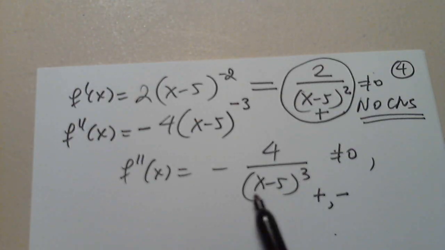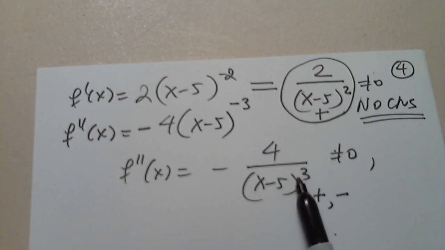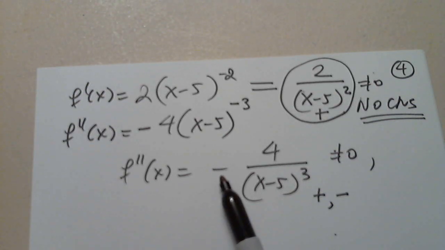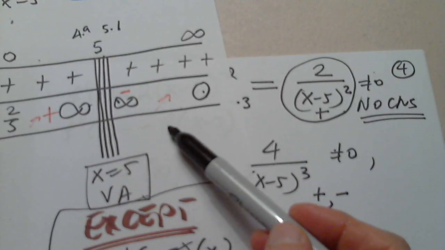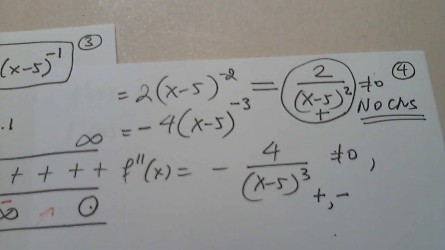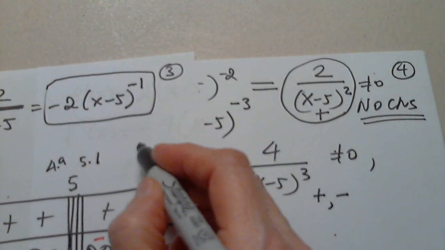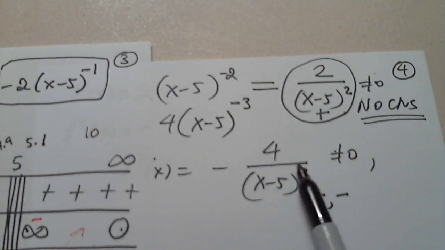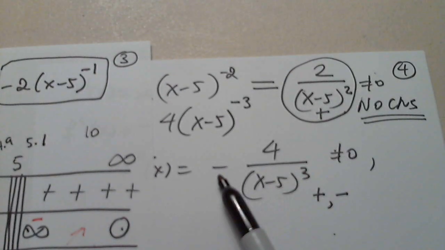This is positive. 10 minus 5 is positive. Cubed is positive. The numerator is positive, but there is a minus in front. So what will be the sign to the right of 5? We plugged in 10. This is positive. This is positive. This is negative.